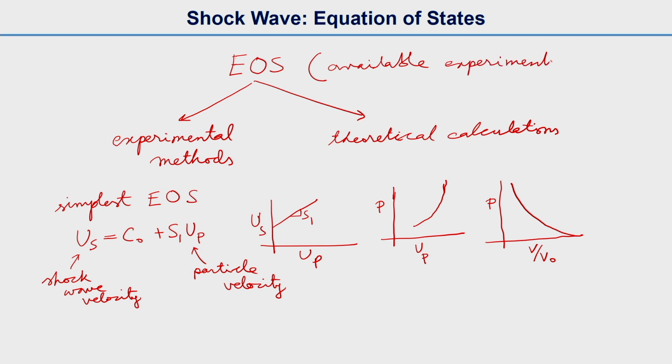Go to the textbook and you will get a couple of tables where this EOS data, the parameters, are mentioned in tabular form. For many materials we already know the equation of state, but for some materials we may need to obtain the EOS, the relationship between these parameters.